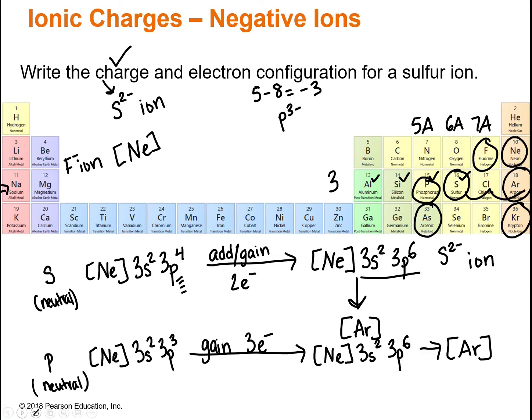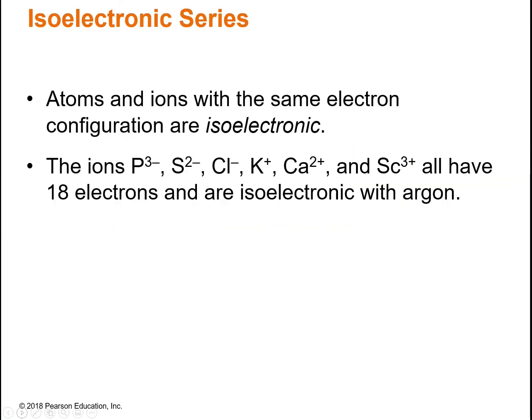That's all that I have for you. Oh, isoelectronic series. We're not going to have time to go over that in full detail. But we'll talk about it again at the beginning of next week as part of the Do Now. Make sure that you watch the video. So this is talking about atoms and ions with the same electronic configuration. So for example, the fluorine ion and neon are isoelectronic.